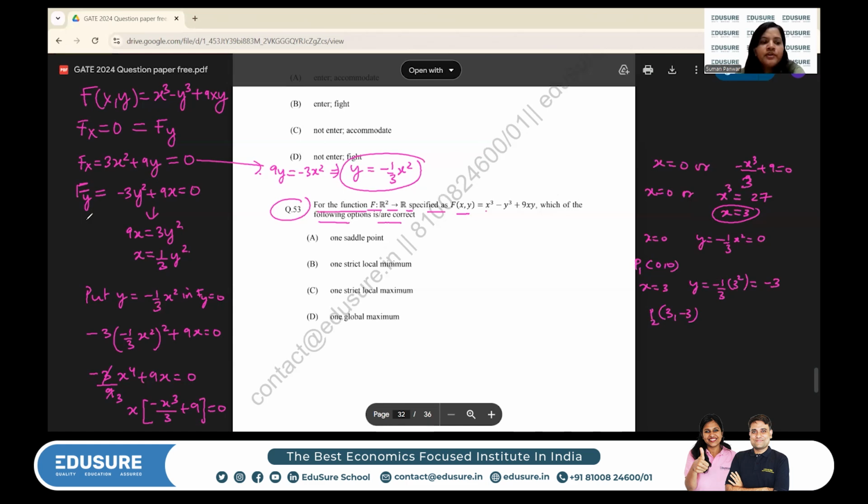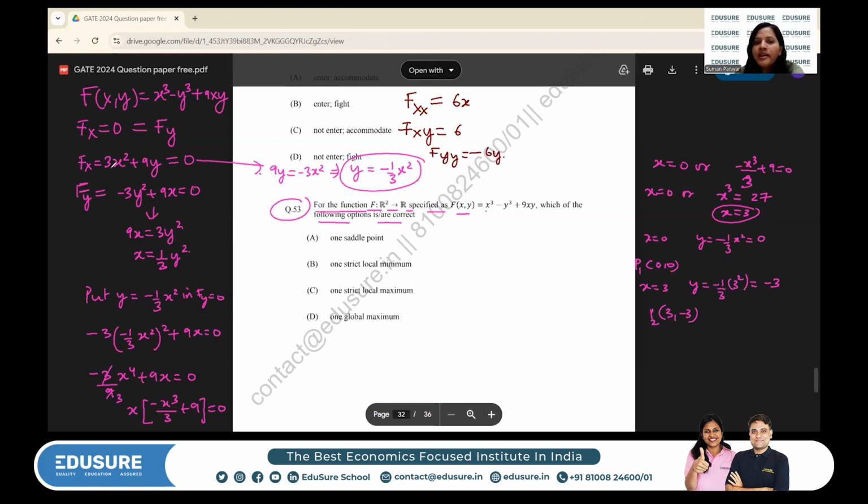Okay. So now let us calculate the second order derivative with respect to x. So fxx is equal to 6x, fxy equals 6, and fyy equals minus 6y.